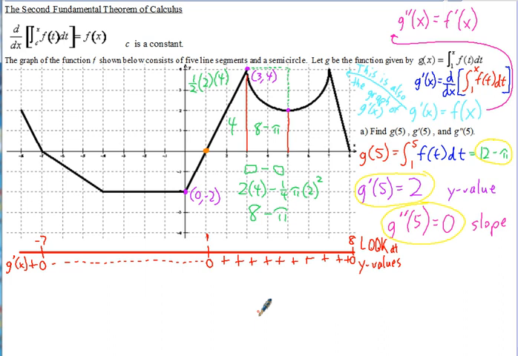So we're looking for where G has a relative minimum. So this shows you G is increasing here, decreasing here, and increasing. So when the first derivative changes from negative to positive, that's where you have a relative or local minimum. If you're asked for the relative or local maximums, you'd have one right here, at -7. That's when the derivative changes from positive to negative.